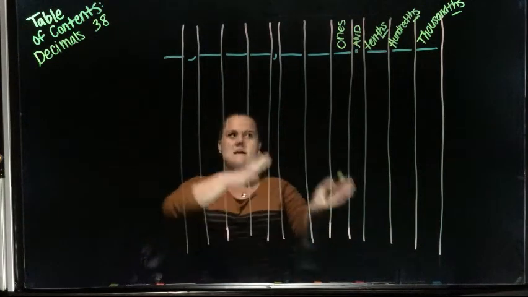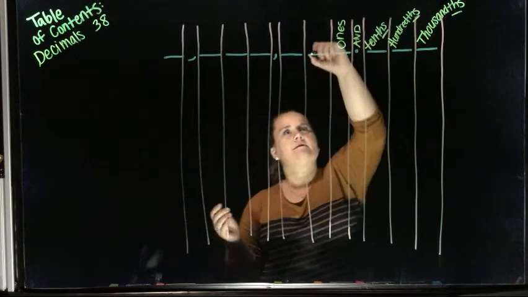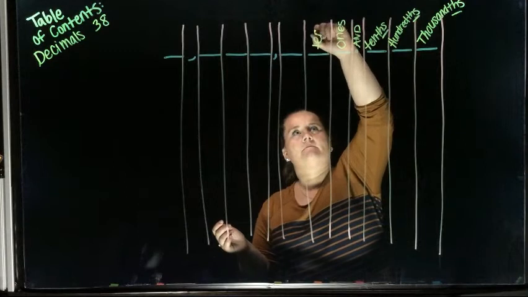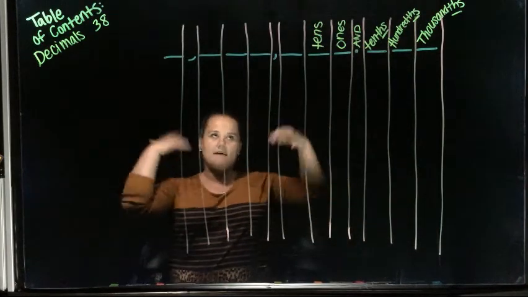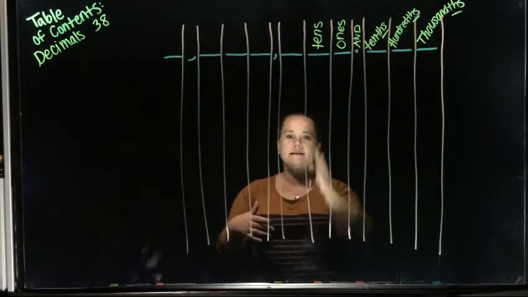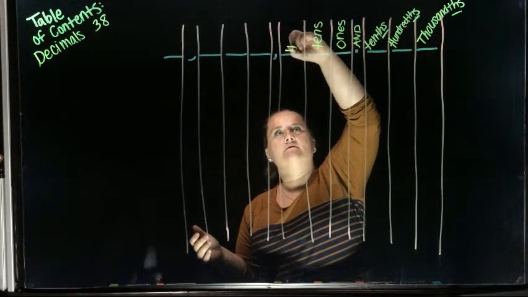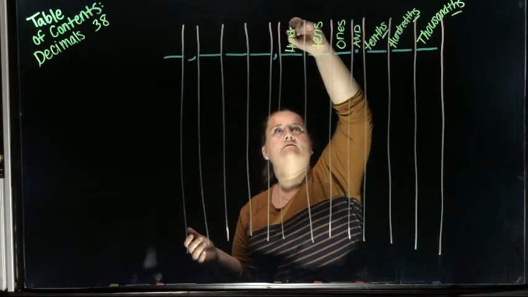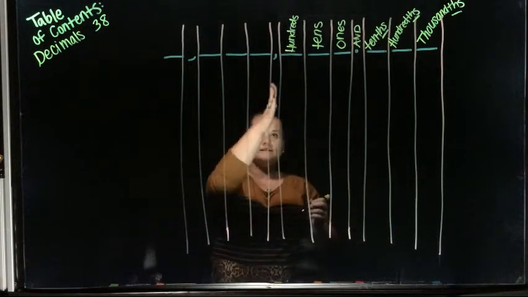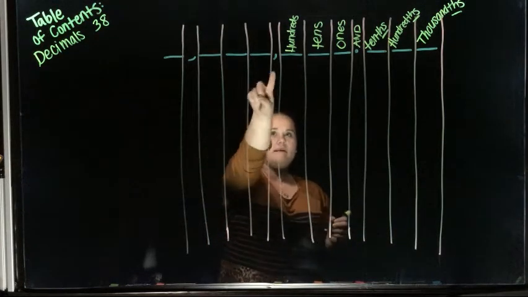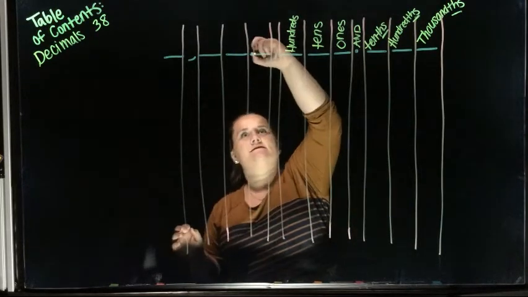I move to my next place value, and I have my tens place. We've learned about this in earlier grades; we're just bringing it all back. So we have our ones, tens, next is hundreds. So we go ones, tens, hundreds, comma. We have our comma, okay? And then we have our thousands place.